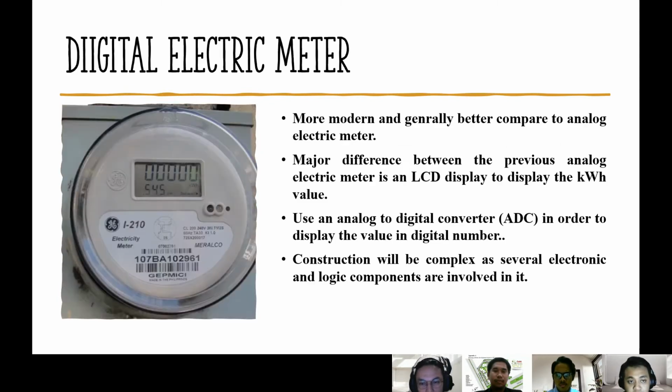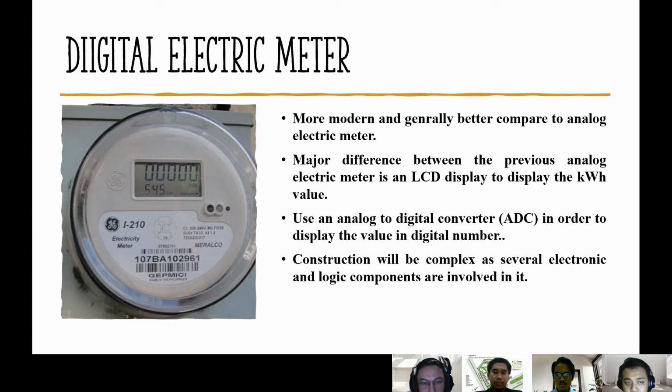Alright, the next one will be the digital electric meter. The difference that we can compare with the previous analog electric meter is the LCD screen. The digital electric meter is more modern and generally better than the analog meter because it is more user friendly, as users can see more easily how much they have spent on electrical consumption.